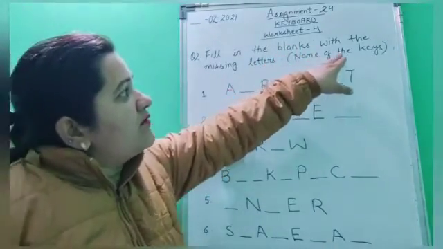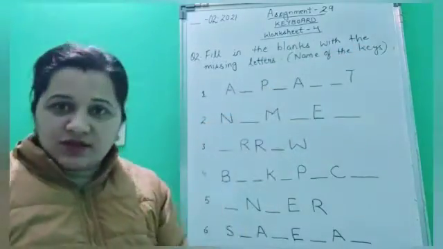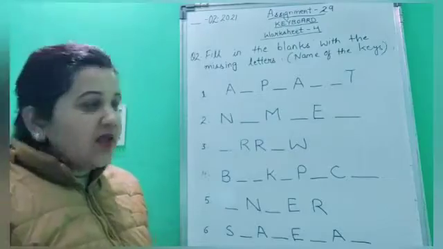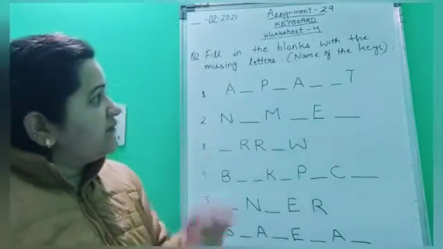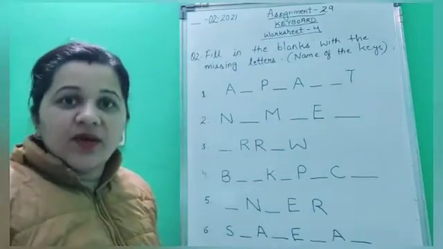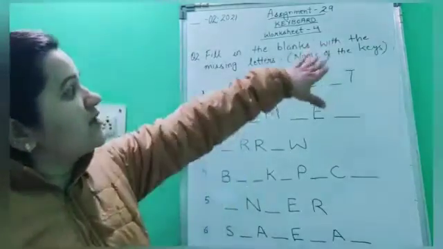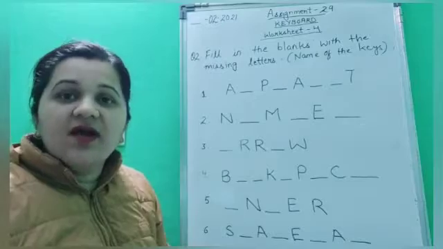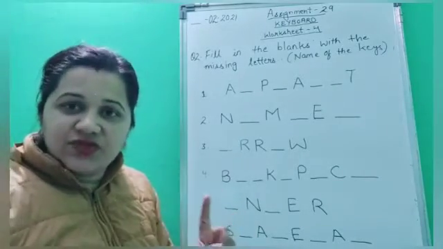Name of the keys. Now children, here I have given you some words over here, and in between few letters are missing. I have also given you a hint over here. These all are the names of the keys which are present on the keyboard. Different types of keys which you have learned.